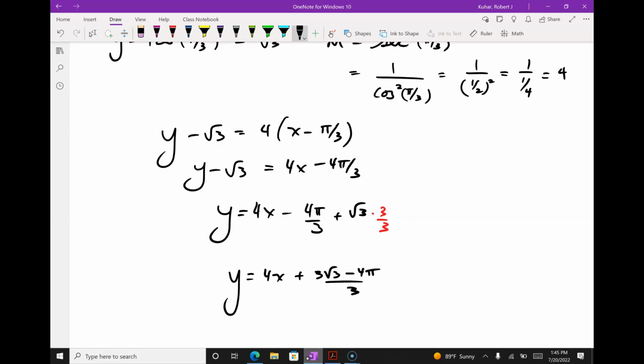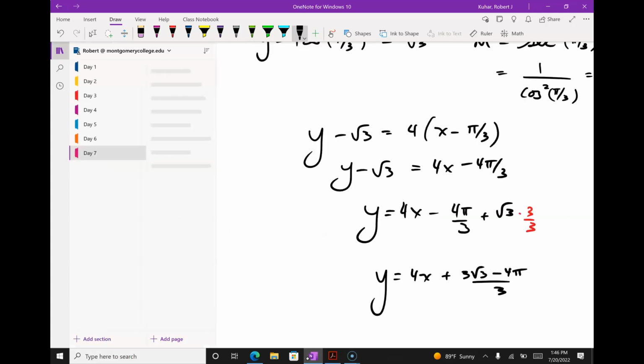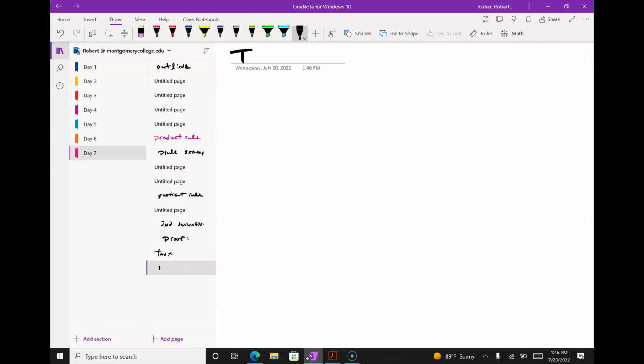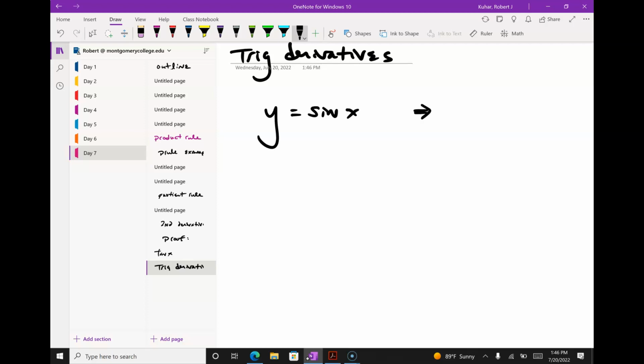So now we can do the derivatives of all our trig functions, right? In fact, let's add them to our shortcut list. Y equals sine of x gives me y prime is cos of x.